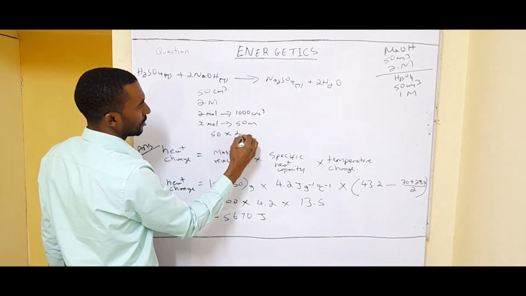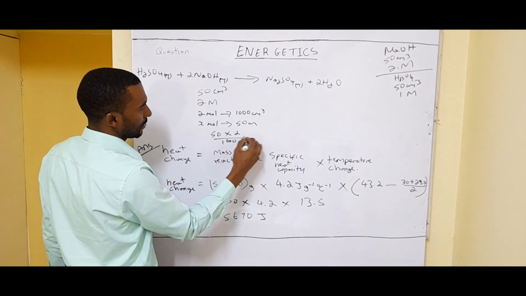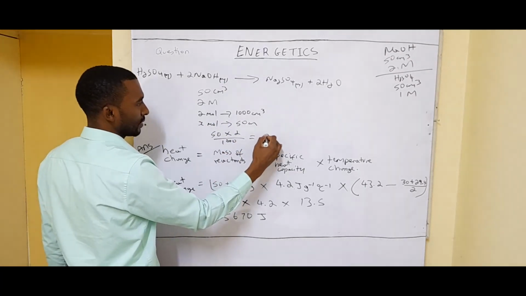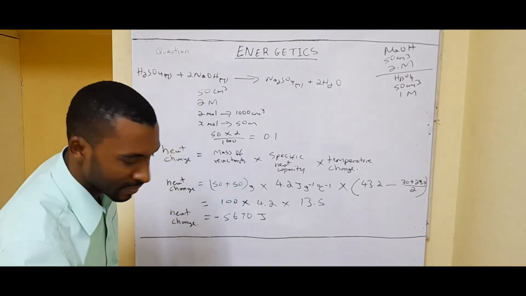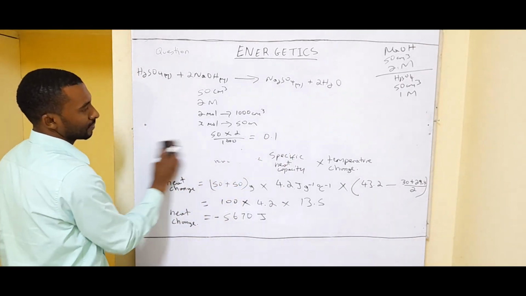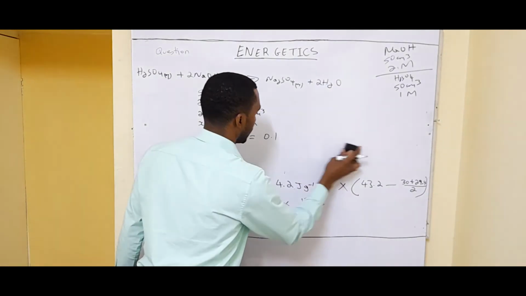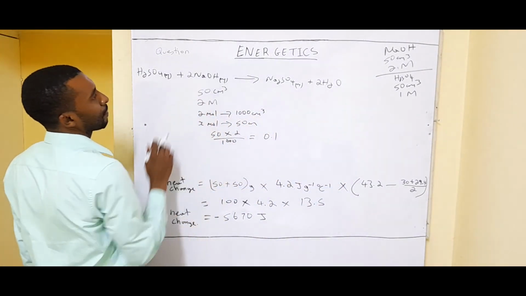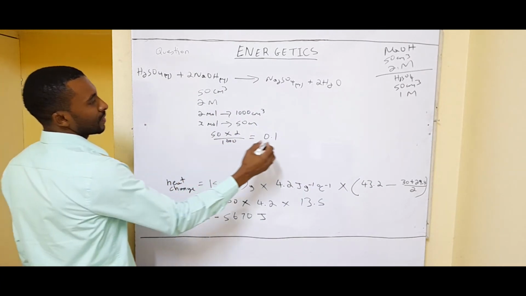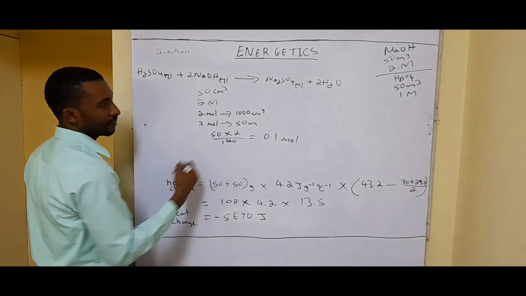It's 50 times 2, divided by 1000. What's the answer here? 0.1. Correct?